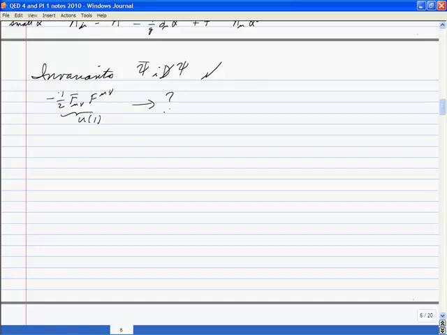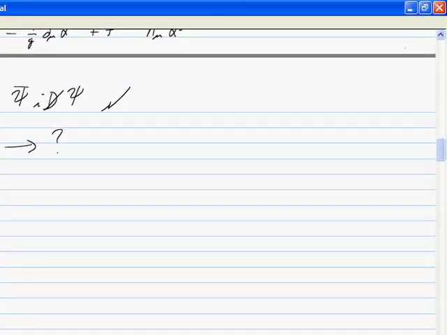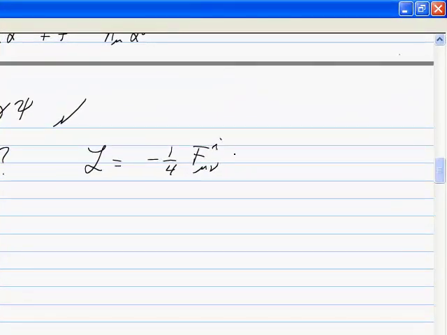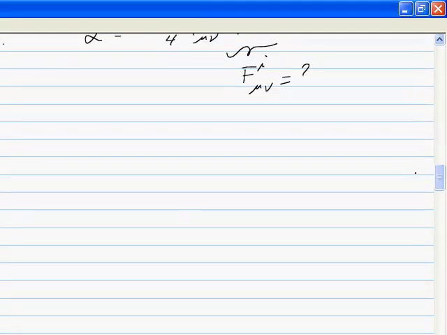So our next task is constructing the answer, which is minus a quarter F mu nu I F I mu nu. That's the form, but we have to find out what F I mu nu equals. So what's a good construction of that? Here's a very cute and clever construction.